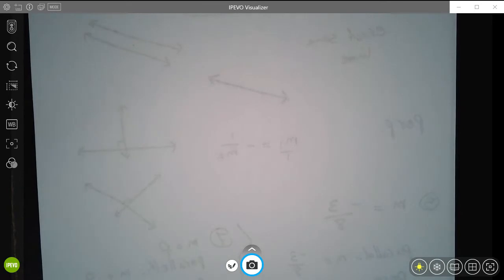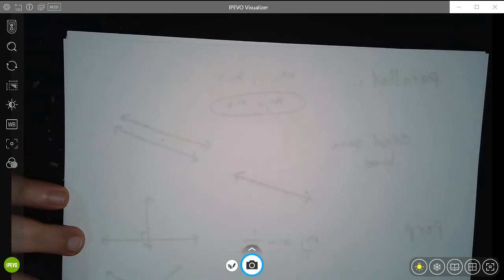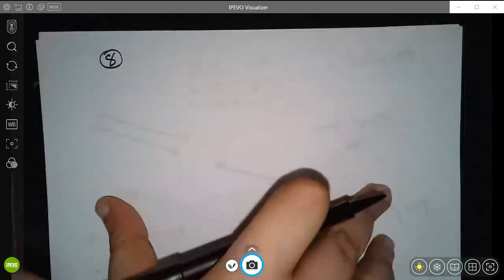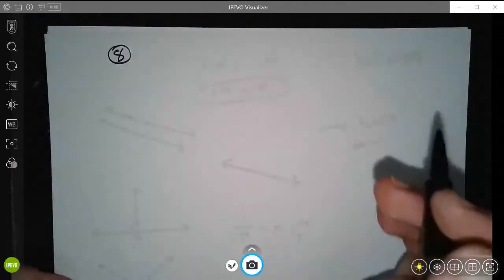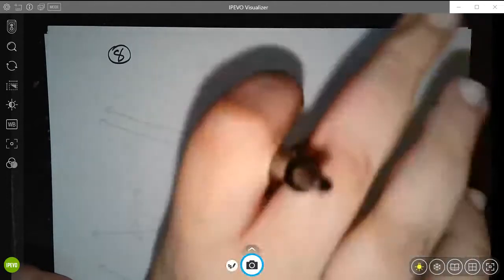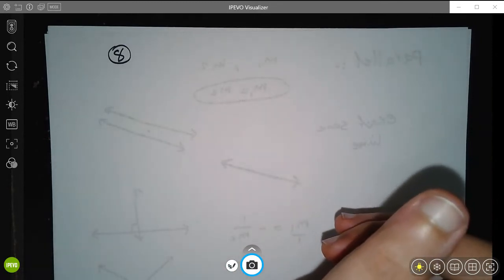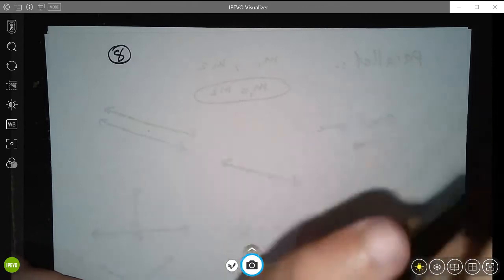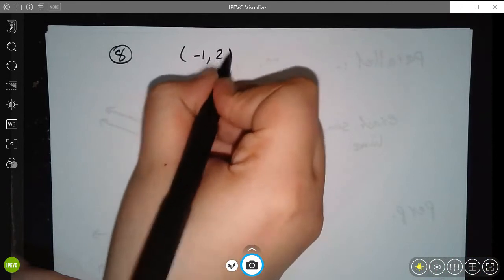All right. Now, let's take a look here. So now, number 8. This is where the fun begins. We're going to use the perpendicular and parallel line rules to find the equation of new lines. So, let's see. The question says, give the equation of the line that passes through this point, which is -1 and 2.